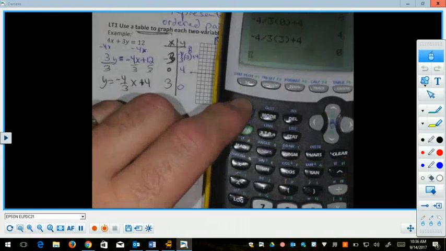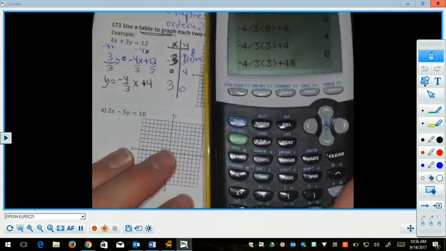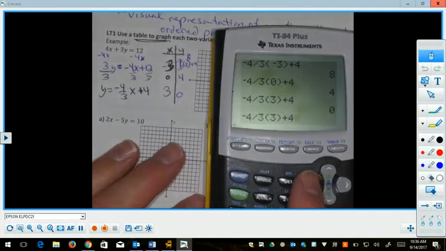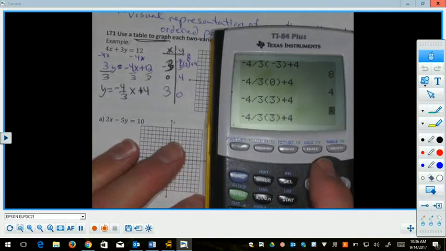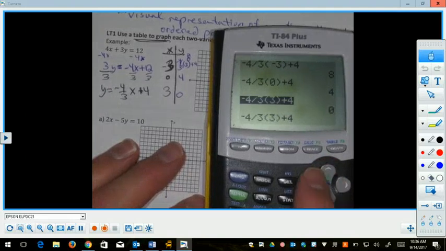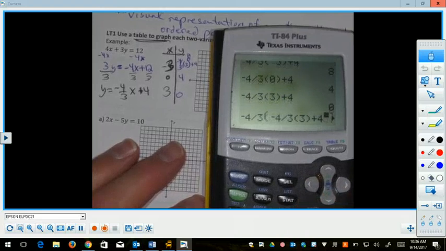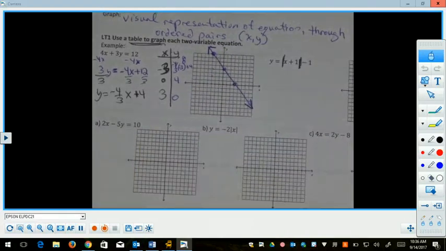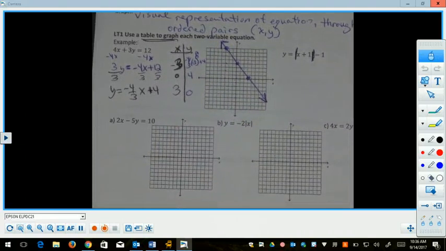For you, you're going to hit second enter, and it's going to paste what you just did. Okay, so that should work. But if you have a non-graphing calculator, you should be able to go up, and then it will let you edit it right there when you push the up arrow. Okay?